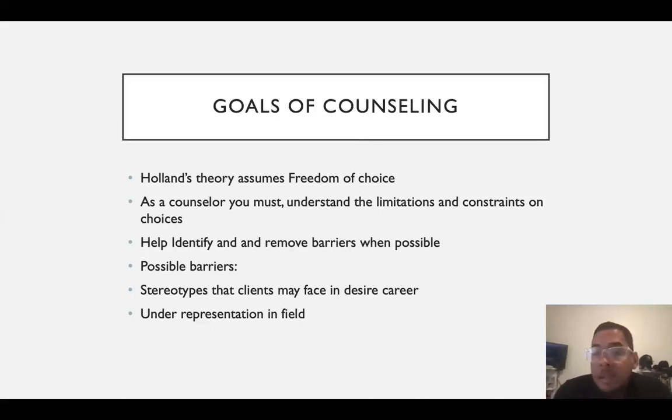For instance, if you want to work as an architect or an engineer, it's required that you have some STEM education at some point, because that's just part of it. And so as a counselor, you need to be aware of those things.